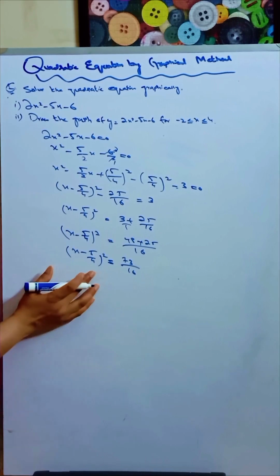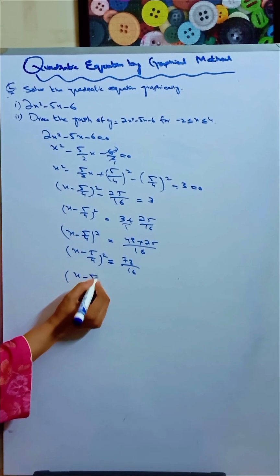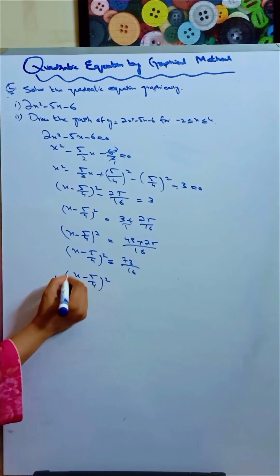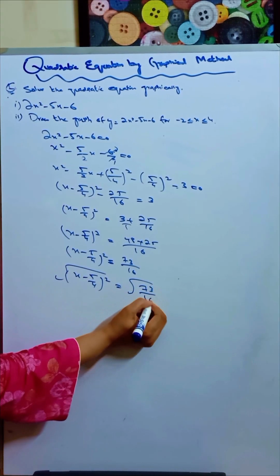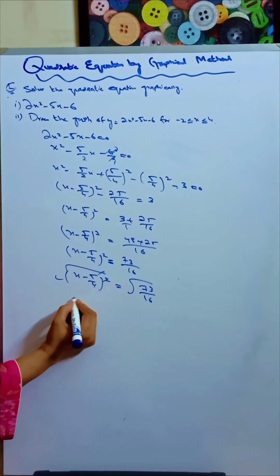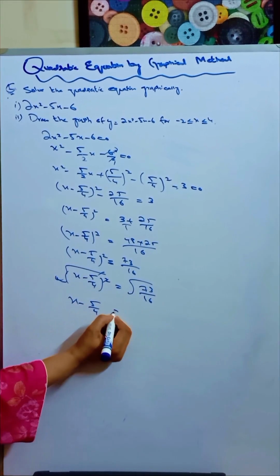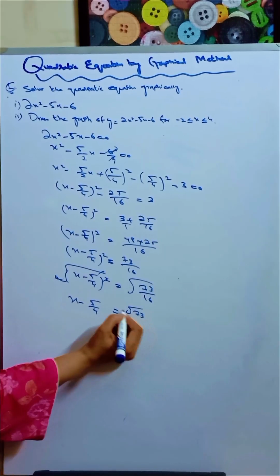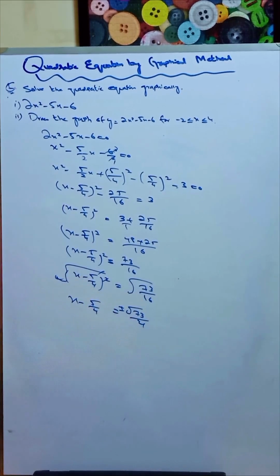Now to remove this square sign, take under root on both sides: x minus 5 by 4 whole square under root equals under root 73 by 16. This one is going to cancel off. What is left? x minus 5 by 4 equals plus minus under root 73 over 4. Root of 16 is 4.